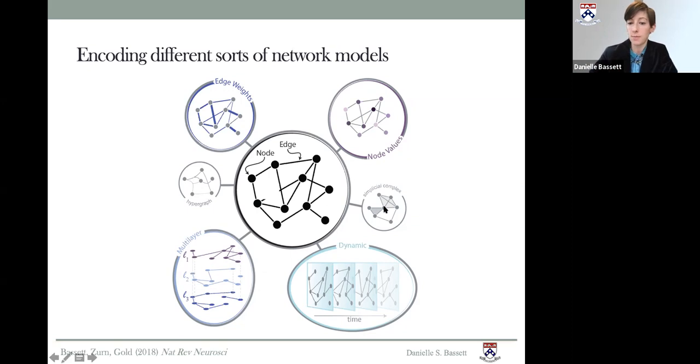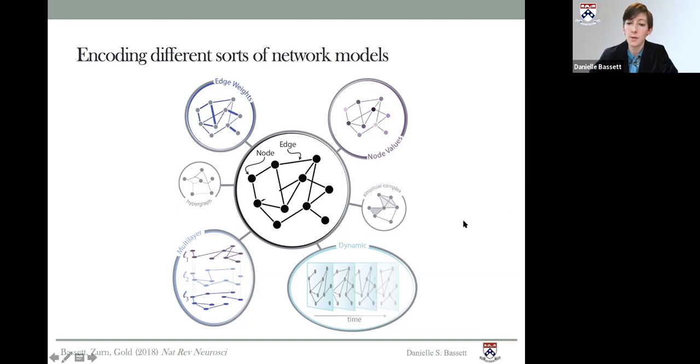The second approach that I won't be talking about today is an approach from applied algebraic topology and topological data analysis. That often encodes the network as a simplicial complex, as a collection of simplices rather than as a set of dyads, dyads being a single connection between two nodes.